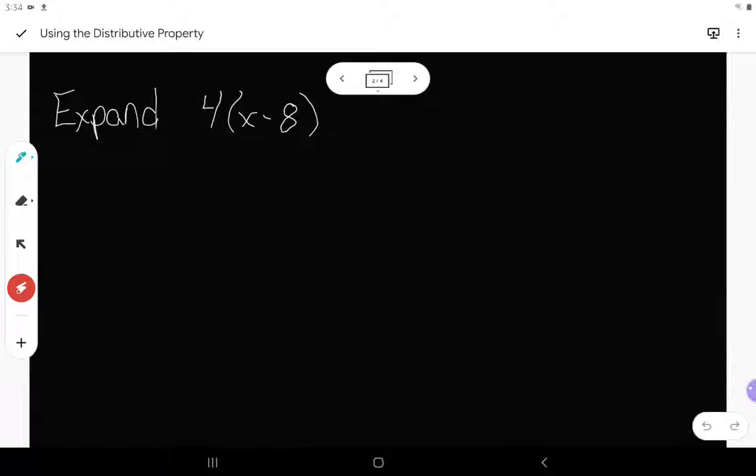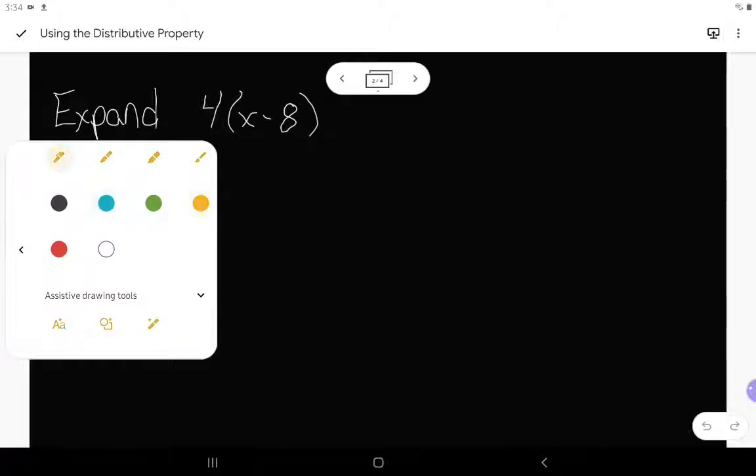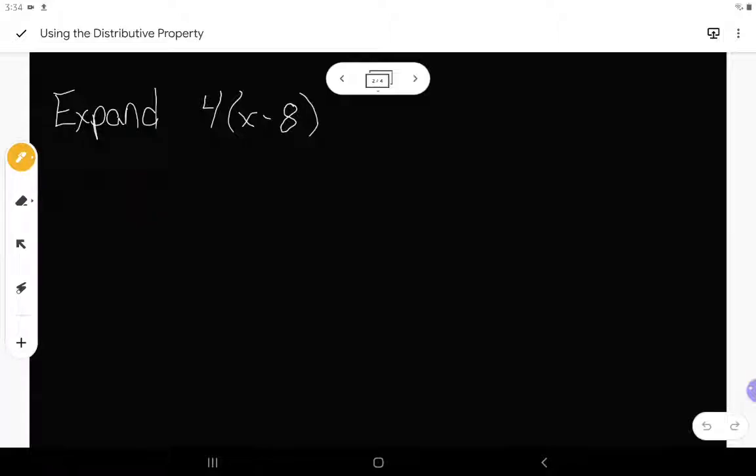So keeping that in mind, if I don't want to draw out all of this stuff, look how easy this is. Expand 4 times x minus 8. That means we're going to get rid of the brackets. We're going to do this multiplication so that the brackets are gone. That's what expand is talking about us doing here. So I'm going to take that 4 and multiply it by that first value inside the brackets, which is x. 4 times x is simply 4x.